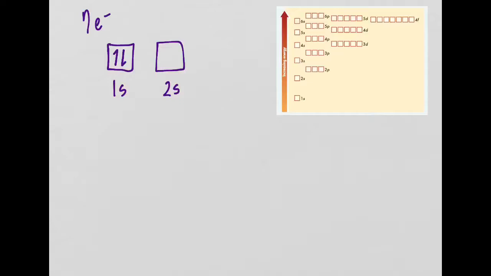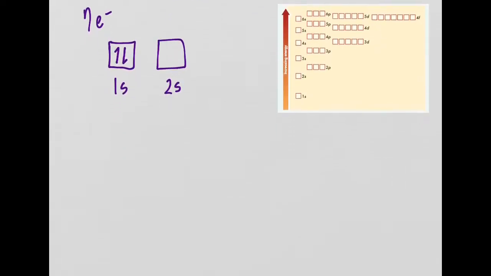Okay? All right, so now I need to put my electrons in here. So I have 1, 2 electrons. Now I'm on my 3rd electron. Because of Pauli exclusion principle and Hund's rule, we know that we have to put our clockwise spin first.